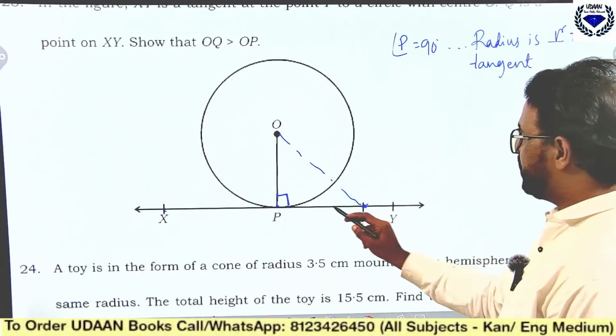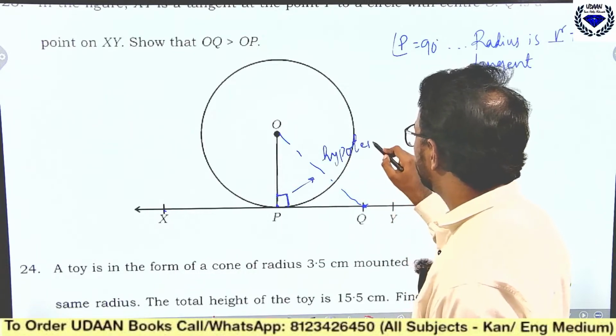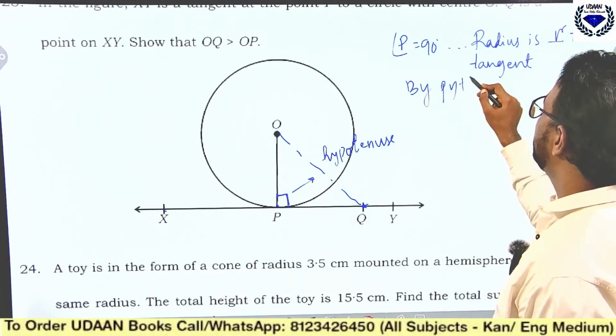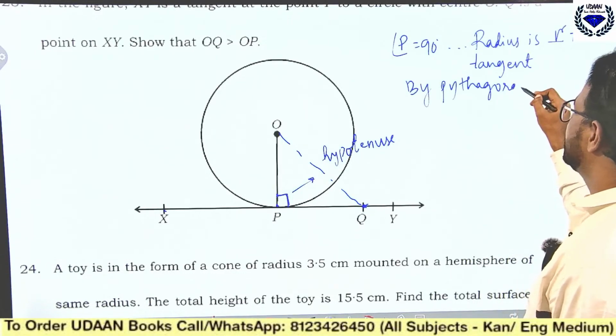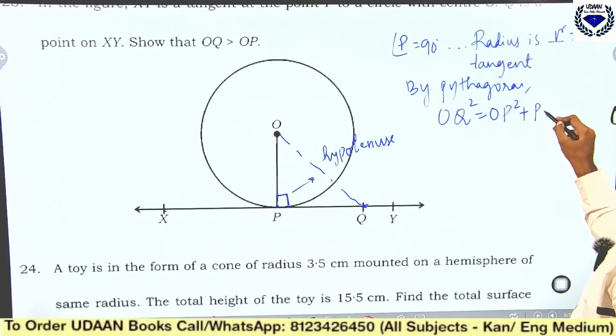Now, if it is perpendicular, this will be the hypotenuse. Then by Pythagoras theorem, you will get OQ square is equal to OP square plus PQ square.